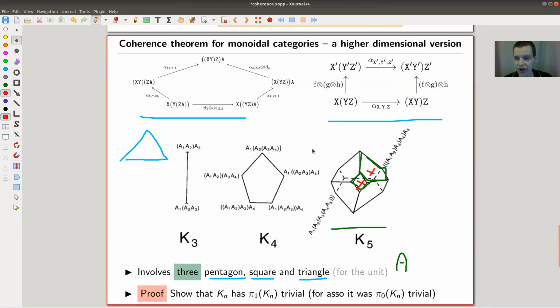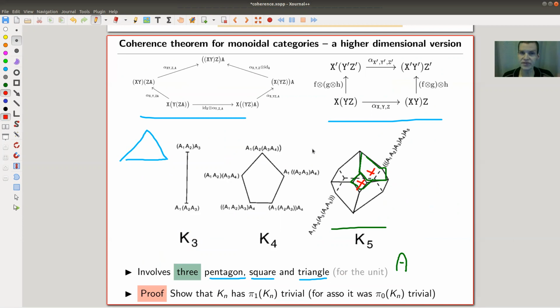And you glue them together, and you need to check a very similar statement. Instead of checking that the graph you get is connected, you need to check that pi1 of the space you get, as you know what pi1 is, vanishes. Everything is just a fancier version of what you've seen so far, but it's a really nice geometric proof of a coherence theorem.